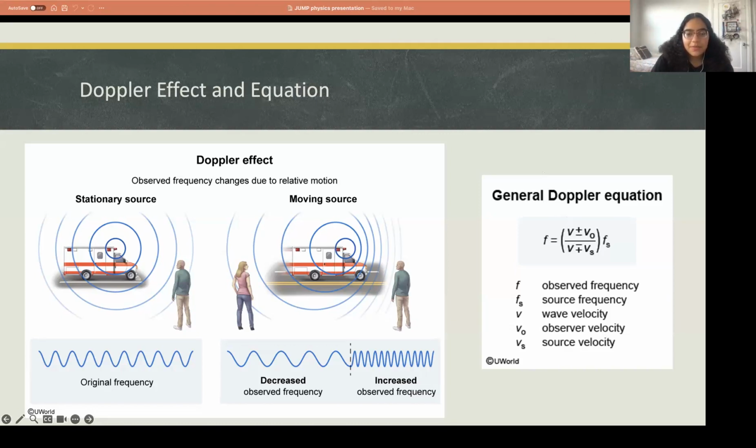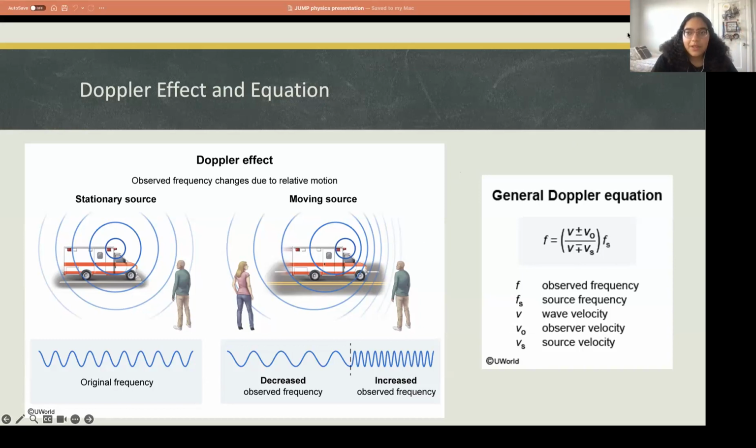So good to be familiar with that. V is the wave velocity, and then you add on the observer's velocity and the source velocity. So the source of the sound, and if the observer themselves, if the people in that photo were moving, you would also factor that in. Then you take that whole ratio and multiply it with the actual frequency to get the frequency you'd be observing.